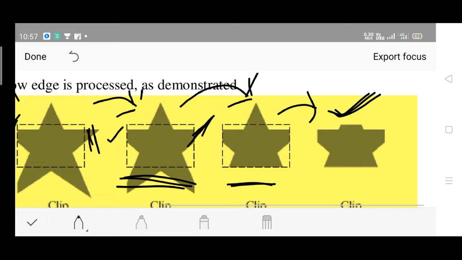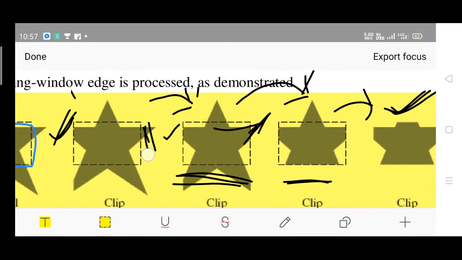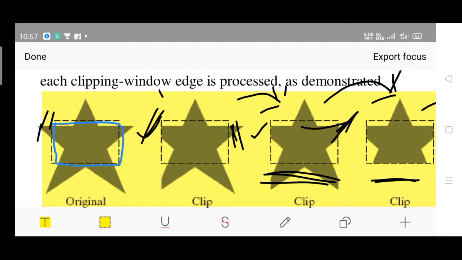Unlike line clipping, where we perform one or two stages at most, for a polygon it depends on the type of polygon, its shape, and how many edges or borders it crosses. Here this polygon is crossing all four edges or borders of the clipping rectangle.